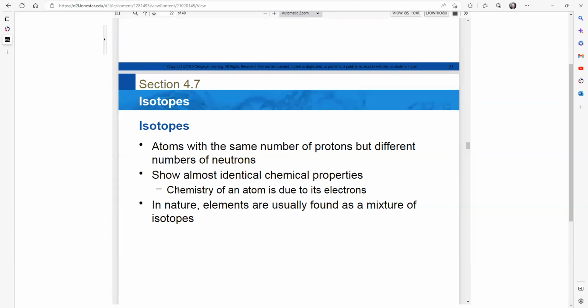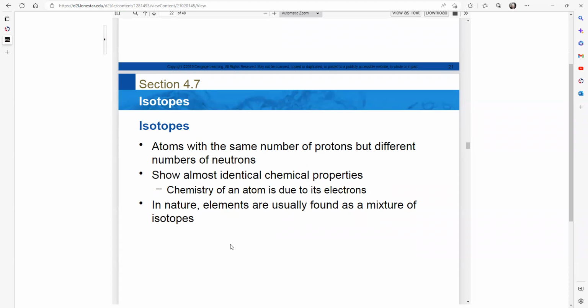Because the chemical properties depend on what? On the electrons. So no matter if you have more or fewer neutrons. In nature, elements are usually found as a mixture of isotopes.